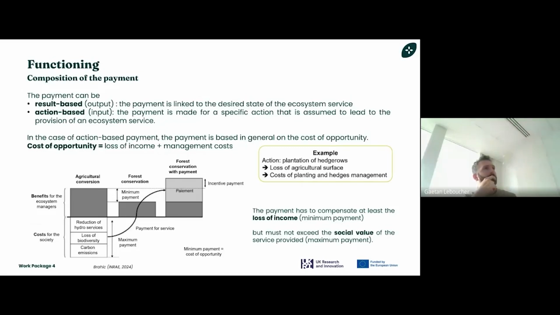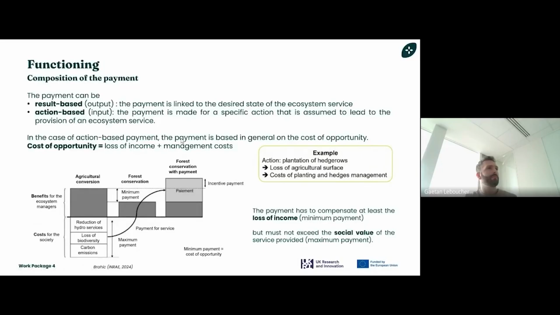So in the case of action-based payment, in general, the payment is based on the opportunity cost, which is the loss of income plus the management costs. For example, if the action is the planting of hedgerows, the opportunity cost will cover the loss of agricultural surface that is due to the implementation of hedges and the costs of planting and managing hedges.